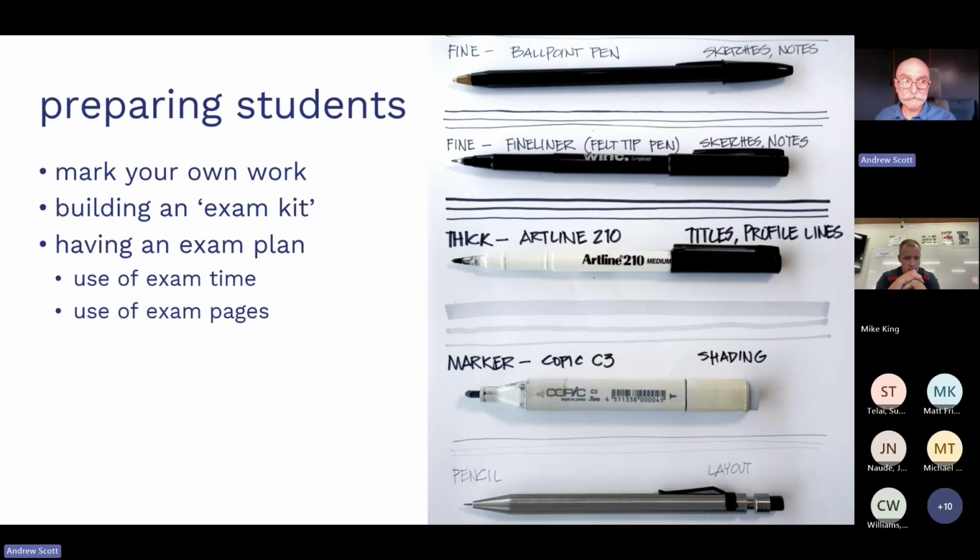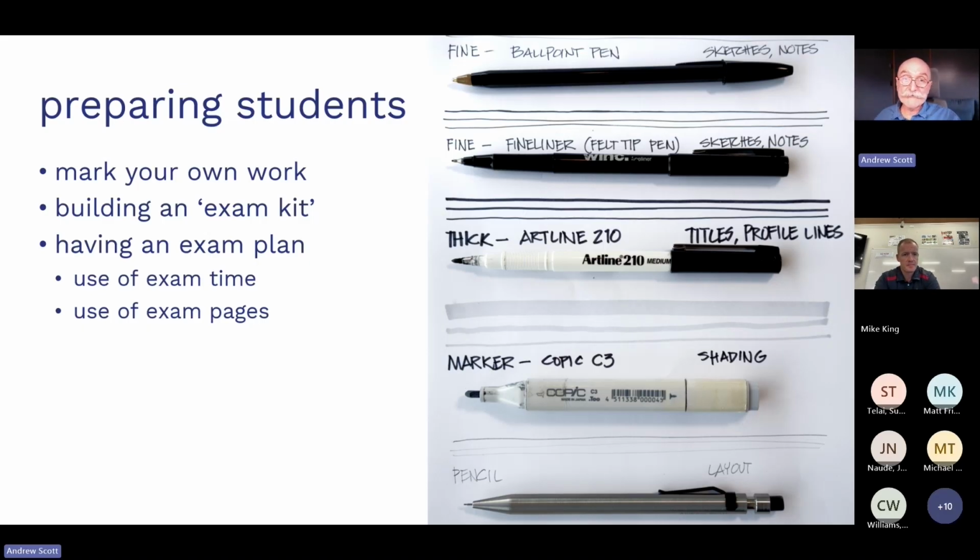The last thing a student should do is go into an exam with a set of new color pencils they never used before, or an untested pen, or a pencil that they dropped sometime and all the lead's broken. That's not the kind of stuff you want to find in the exam. So you want to have all your kit ready, and you know how to use it. You get your own trusted equipment, and that's what you use in the exam. So rehearsing that ahead of time is really helpful.